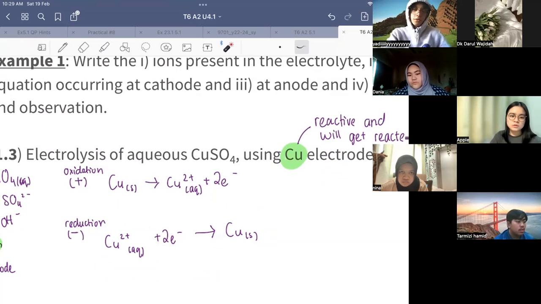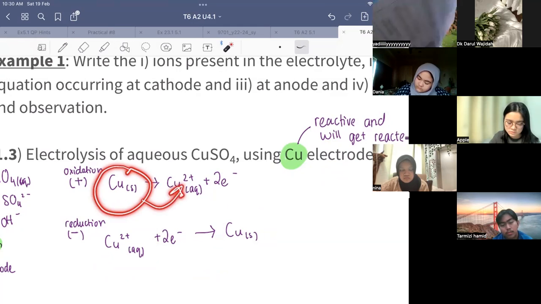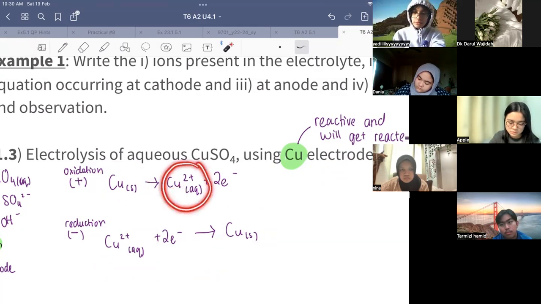So don't think that copper as a metal is blue. It's copper ion that is blue. As for oxidation, our copper electrode is forming Cu2+ ions. That means we are releasing blue solution.